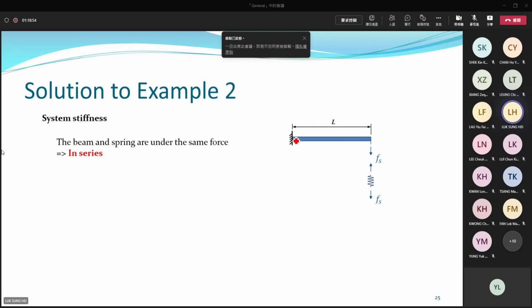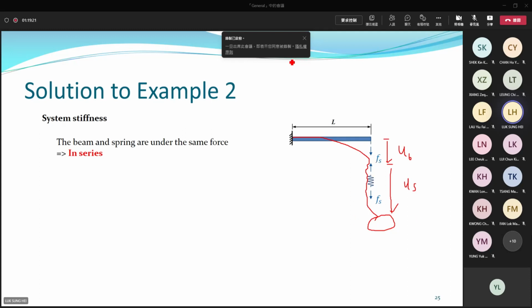The beam deflects vertically, the spring is under elongation, and then the mass at the bottom. The deformation of the beam and the deformation of the spring are obviously different. So in terms of physics, you cannot use the parallel model because they are under different deformations.